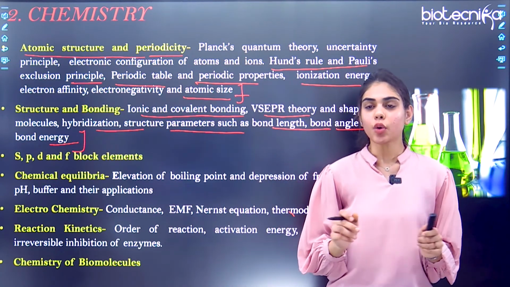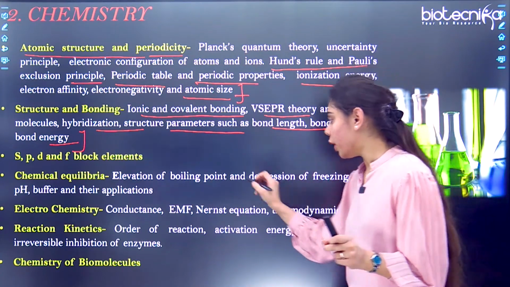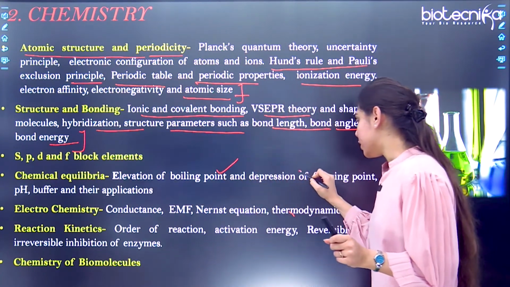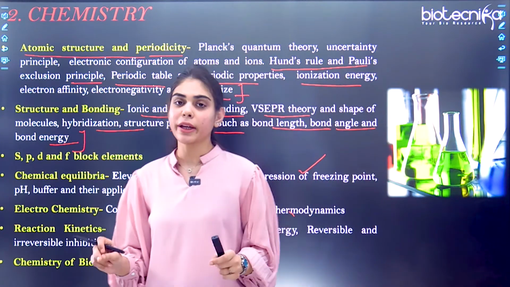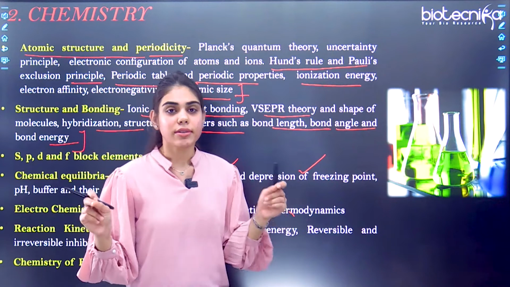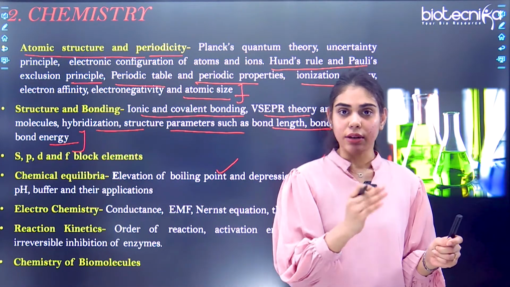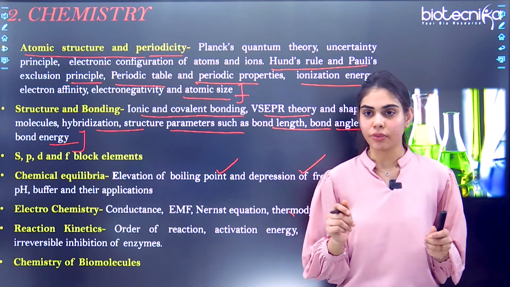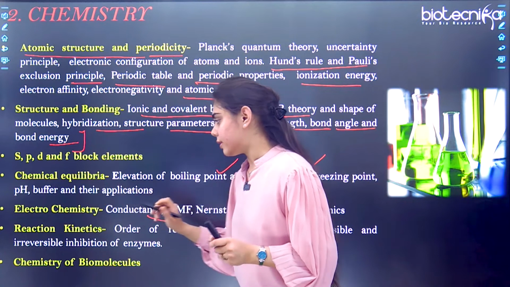Under chemical equilibria, you should practice a numerical for elevation of boiling point and depression of freezing point. Every time you will find one numerical from this topic, so don't leave it. It's a suggestion. Just try to practice a numerical for either elevation of boiling point or depression of freezing point. Also, knowledge of pH and buffer is needed.